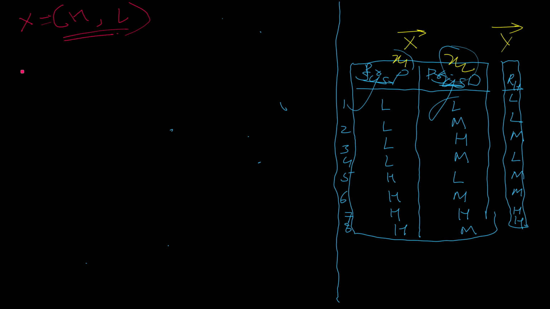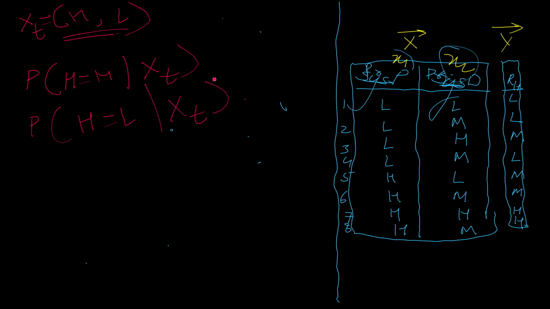Now we have to find the probability of heart risk being high given this x, let's call it xt, and the probability of heart risk is equal to low given xt, and whichever is higher we'll call that the heart risk.